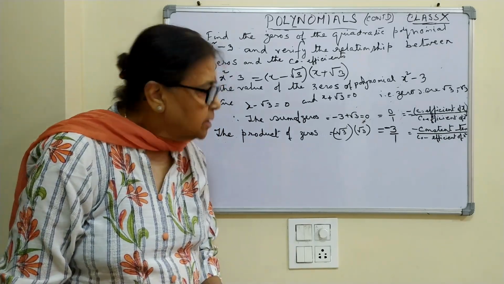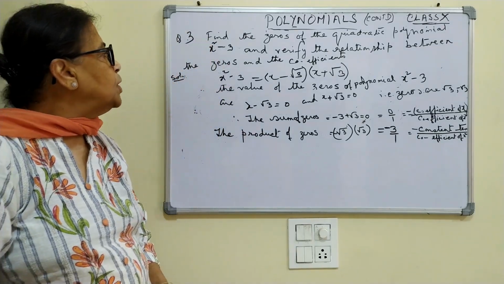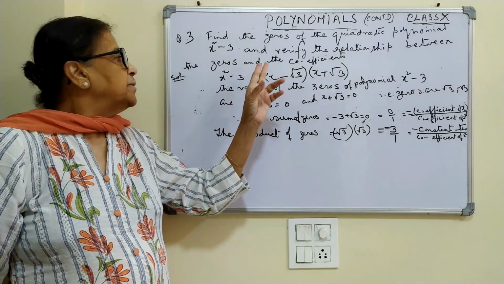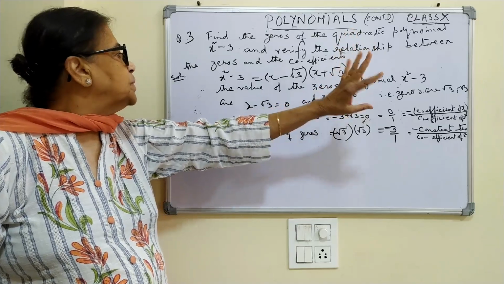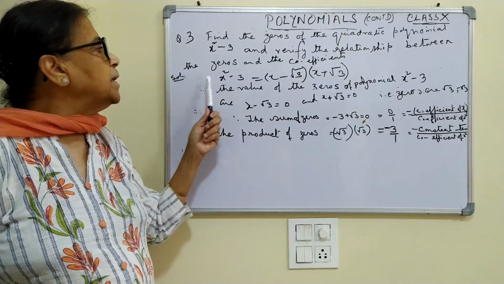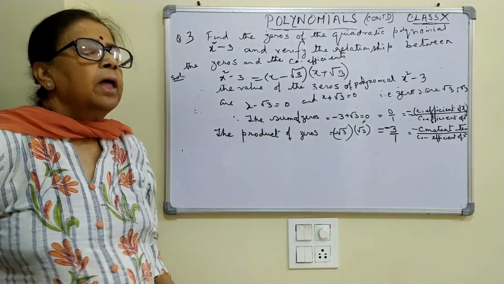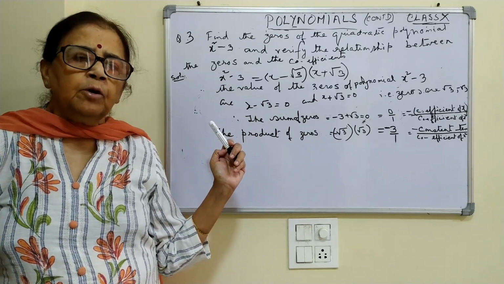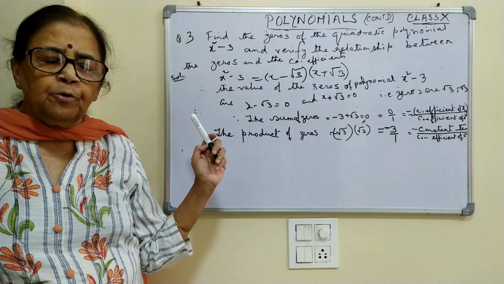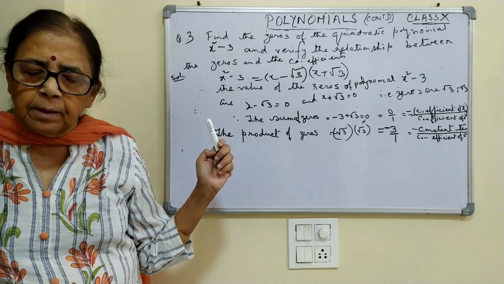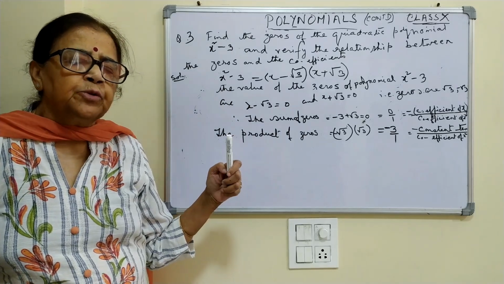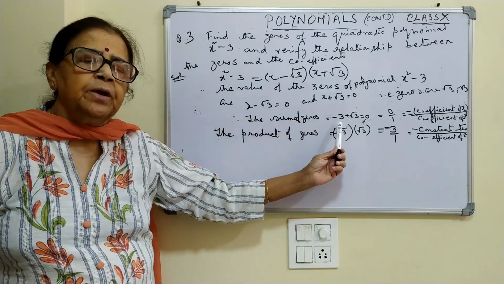Now find the zeros of the quadratic polynomial x square minus 3 and verify the relationship between the zeros and the coefficients. X square minus 3 is of the form x square minus b square, which can be factorized into x minus root 3 and x plus root 3.